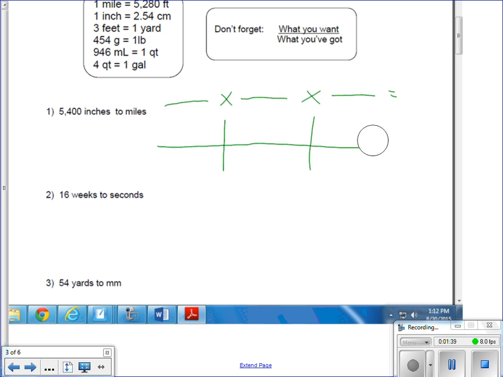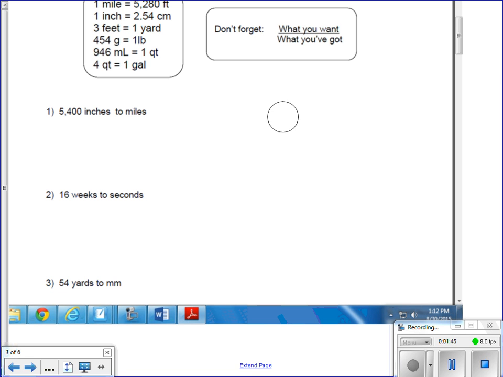All right, so we always start with the number that they give us in the problem that is not a conversion factor. For these first few problems, they only give us one number, and so it's really easy to figure out what to start with. But when we get to the word problems, not only do I give you the number that you should start with, but I also give you the conversion factors. So they get a little more challenging.